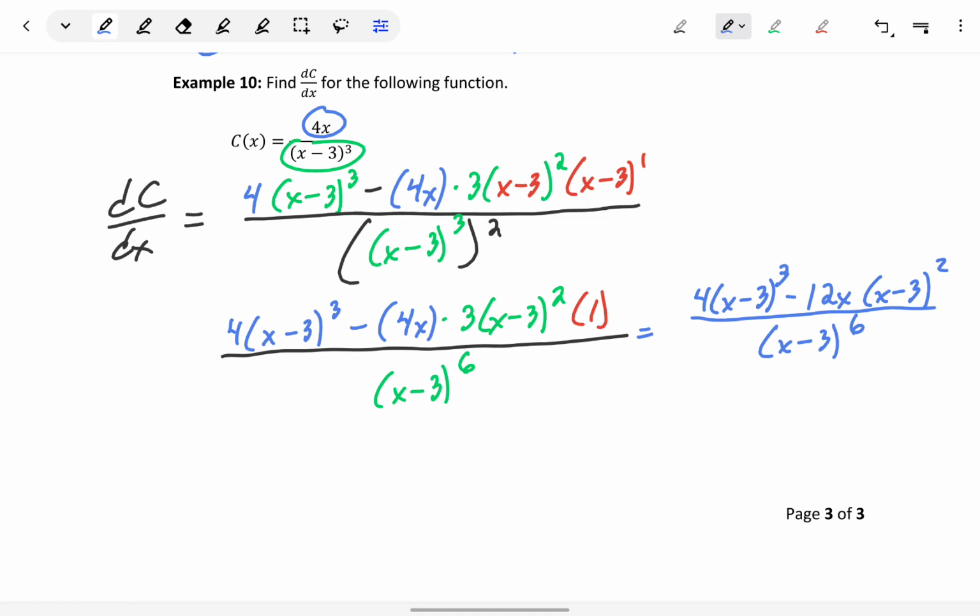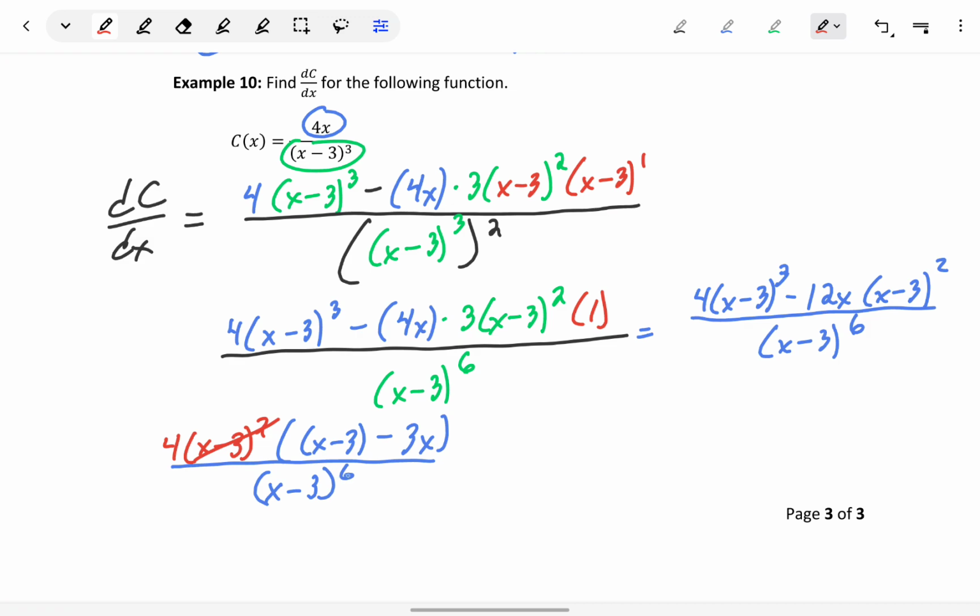And now we want to look for anything that's common between those two terms in the numerator that we can factor out. In this case, it'll be 4 times x minus 3 squared, which will leave us with x minus 3 in the first term minus 3x in the second term, all over x minus 3 to the sixth power in the denominator.